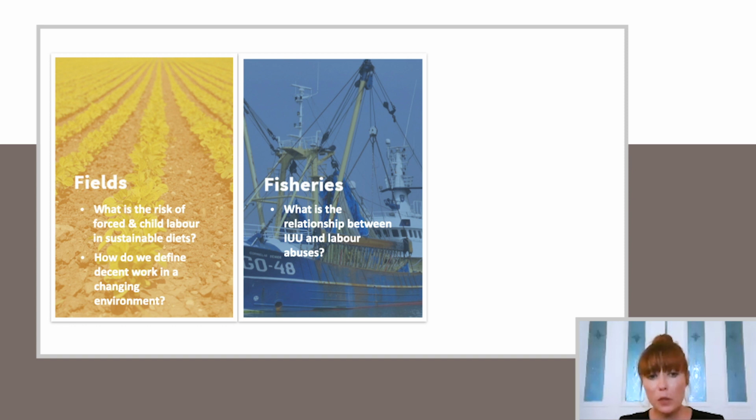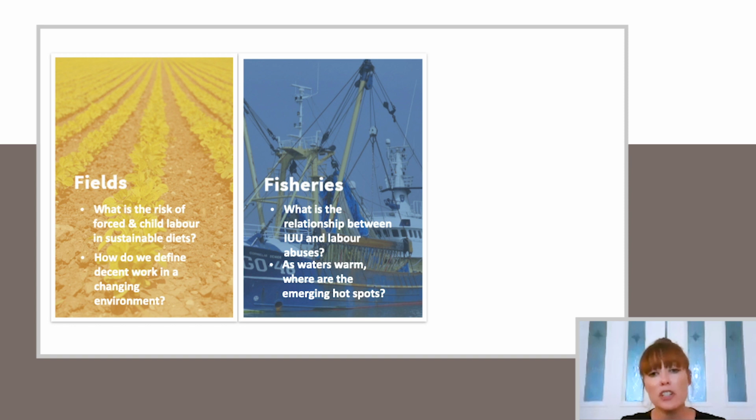And so we see the correlation in some parts of the world because they have weak environmental governance and modern slavery, but we don't see it in parts of the world that are higher income countries because they definitely have modern slavery in their fisheries, but they have pretty good environmental governance structures, so you don't see the IUU at the same rate.